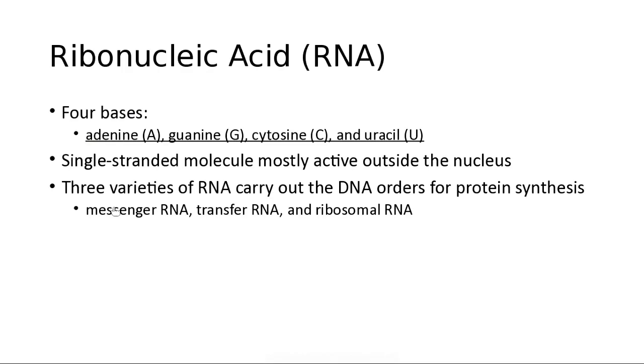Ribonucleic acid is a single-stranded molecule, and it takes the message from the DNA out to the ribosome so you can make protein. Adenine A, guanine G, cytosine C, and instead of the T, you have uracil U. And there are three varieties of RNA that are involved in making protein: messenger RNA, transfer RNA, and ribosomal RNA.